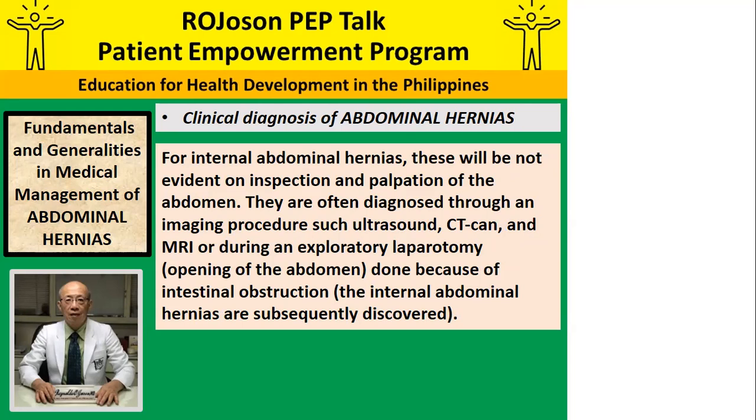So in the process of doing the exploratory laparotomy, the internal abdominal hernias are subsequently discovered, or parang incidental findings. Okay. So usually the internal abdominal hernias may not be diagnosed clinically, but sometimes they can be diagnosed through the imaging procedures. Okay? And a lot of times, baka hindi rin ma-diagnose through the imaging, but only through the operation.